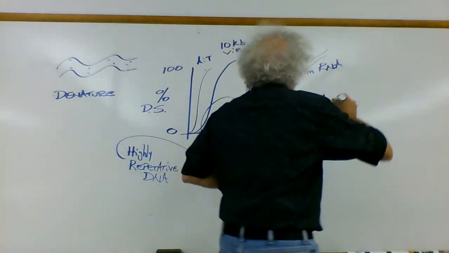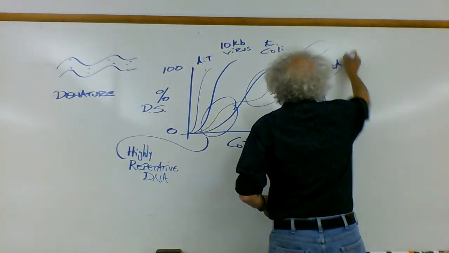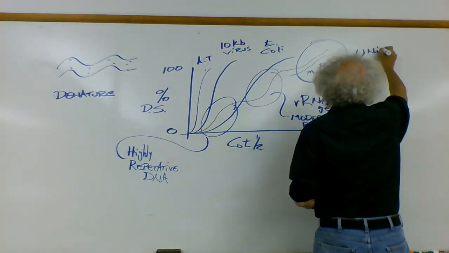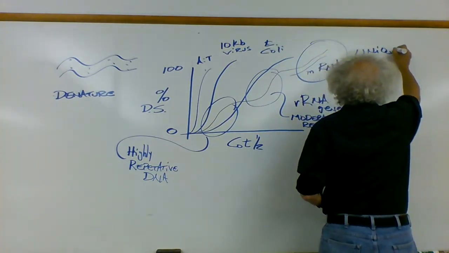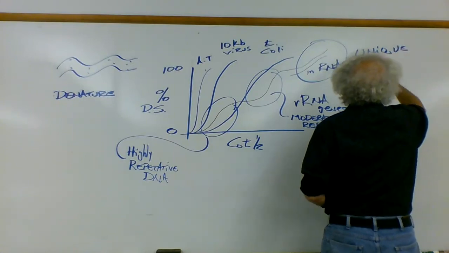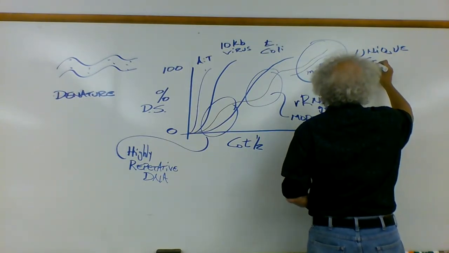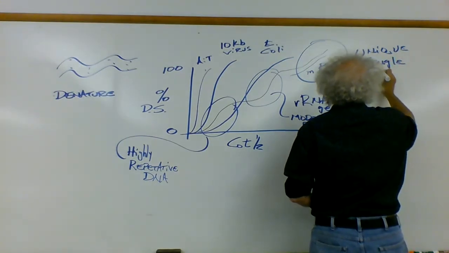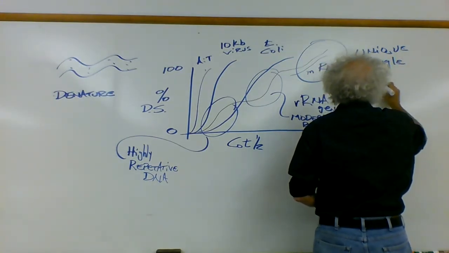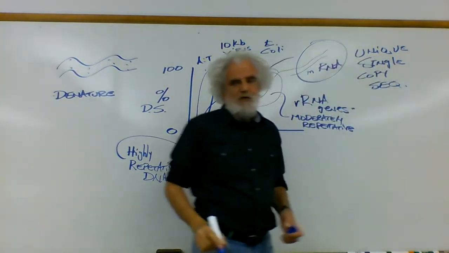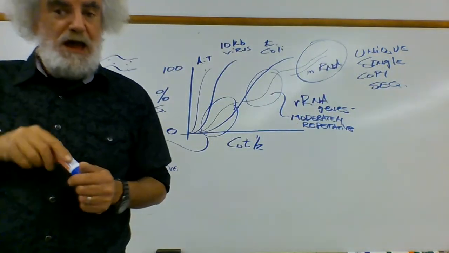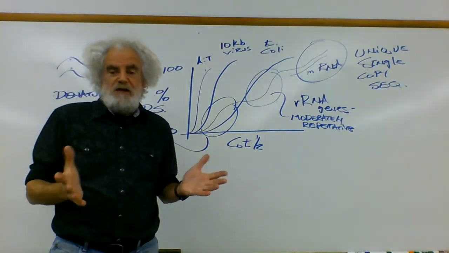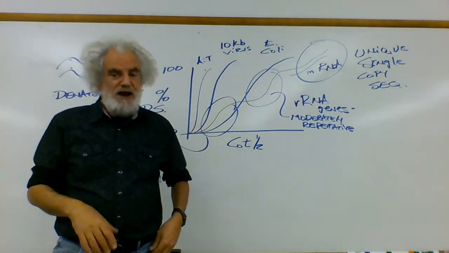And then we've got up here what is essentially unique, single copy sequence. And that would be the actual RNAs, or the genes that code for messenger RNAs.